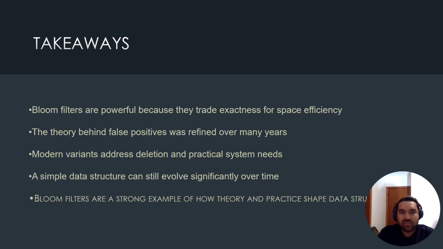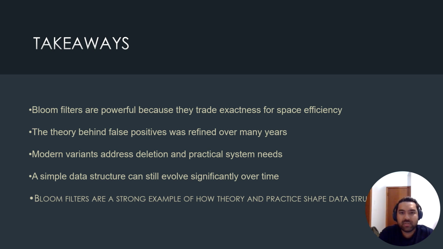To conclude, Bloom filters are powerful because they trade exactness for space efficiency. The original Bloom filter is simple, fast, and very memory efficient, which is why it became so widely used. But as we saw, it also has some important limitations. Over time, researchers improved both the theory and the design. False positive analysis was refined over several decades, and new variants were developed to address practical system needs.